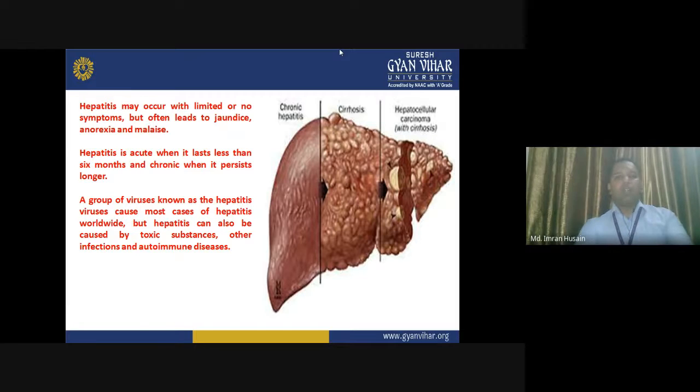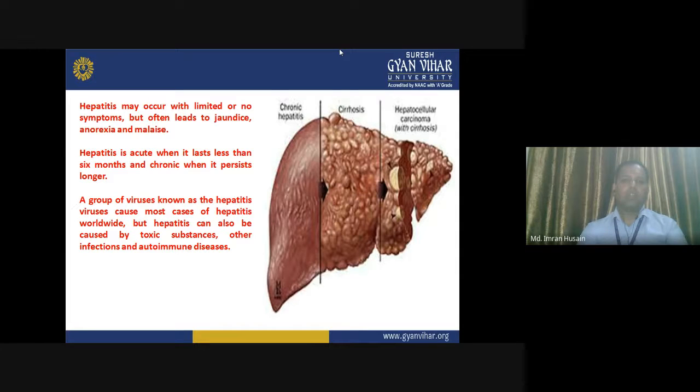So here you can see that hepatitis may occur with limited or no symptoms. Sometimes the symptoms are not that prominent, and sometimes they are prominent and visible, often leading to jaundice and malaise.